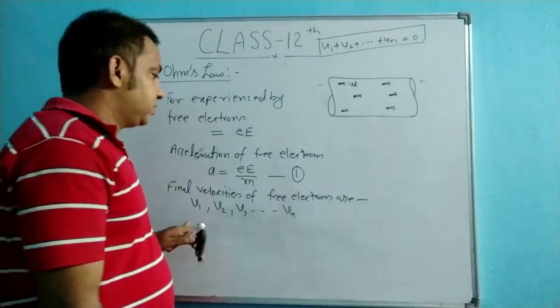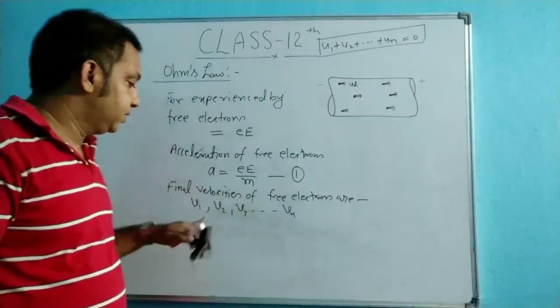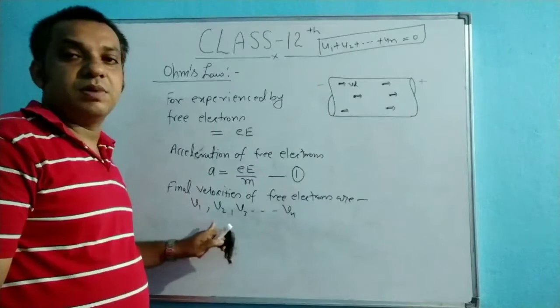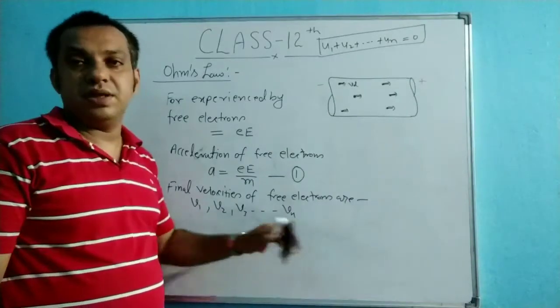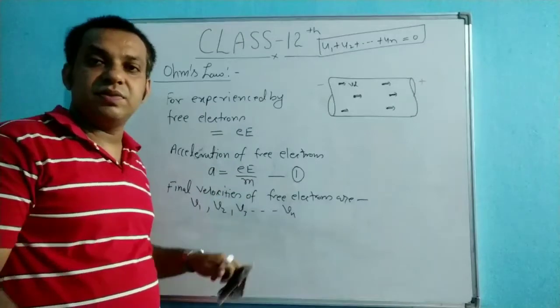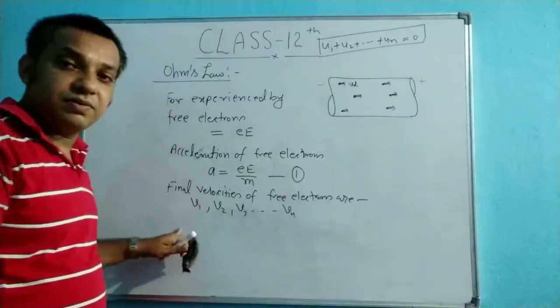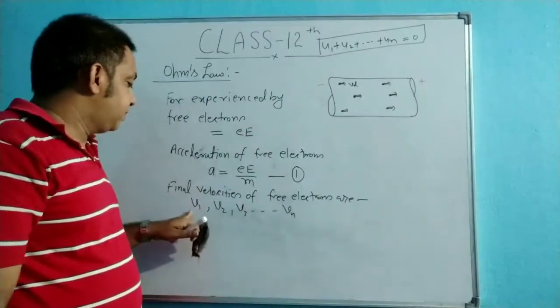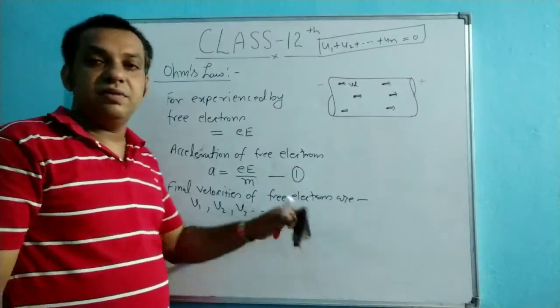After a certain time, the velocities become v1, v2, v3 and vn.